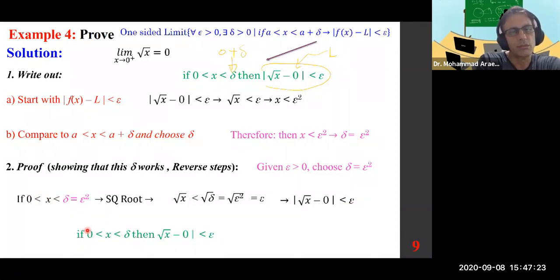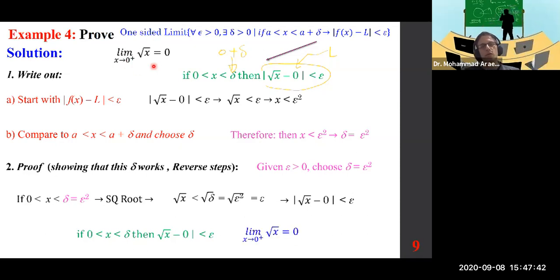This is the starting point. Then, here's the ending point, here's the result. And the whole thing together is what we started here. We just showed that, the reverse process. And therefore, the limit of the square root of x as x approaches 0 from the right is 0.